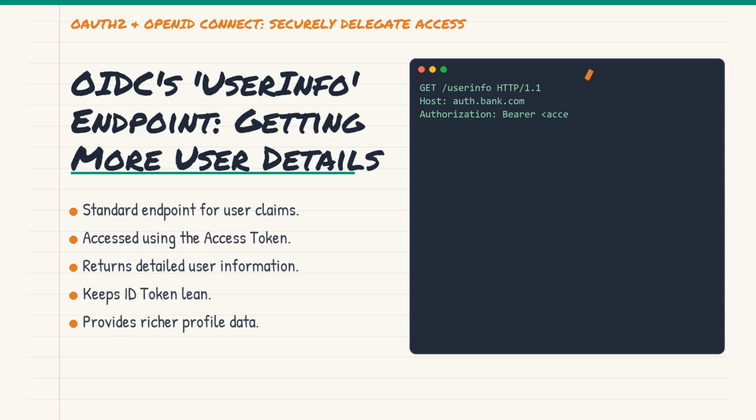This endpoint returns a JSON object containing a set of claims about the authenticated user. This is useful for richer profile information that might not fit or isn't appropriate to include directly in the ID token, keeping the ID token lean and focused on essential identity verification.